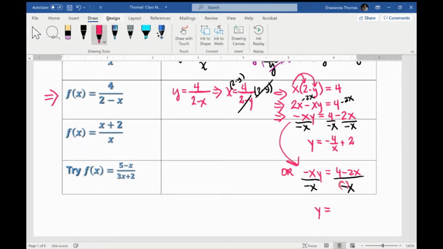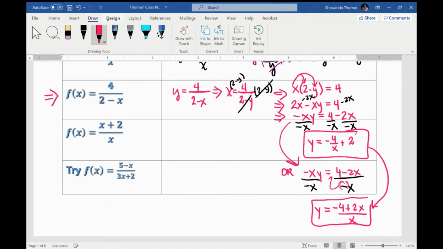Remember I said don't leave negatives in the denominator. That could be negative 4 plus 2x over x. That is the same thing as this. Believe it or not, they don't look alike, but they're the same.